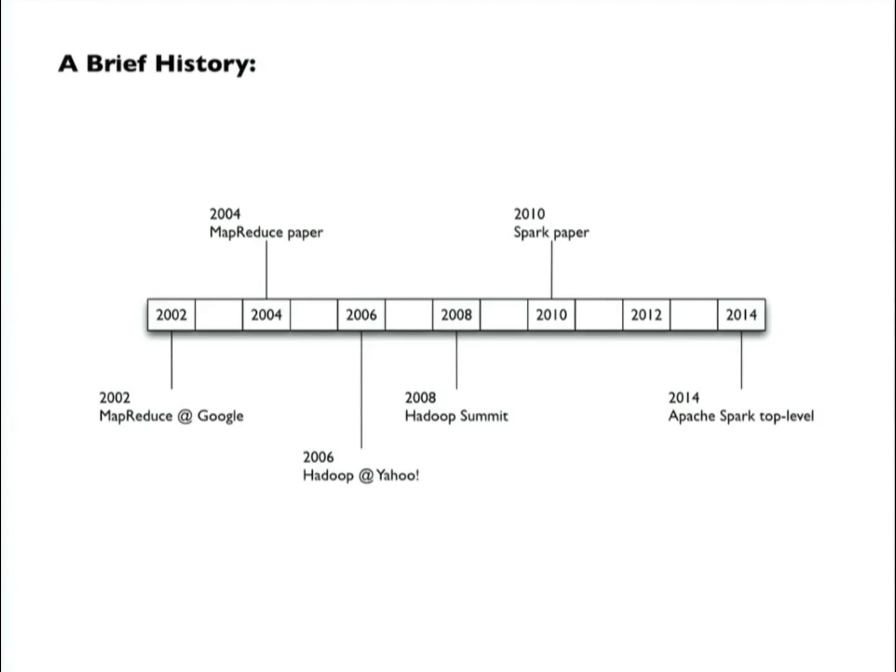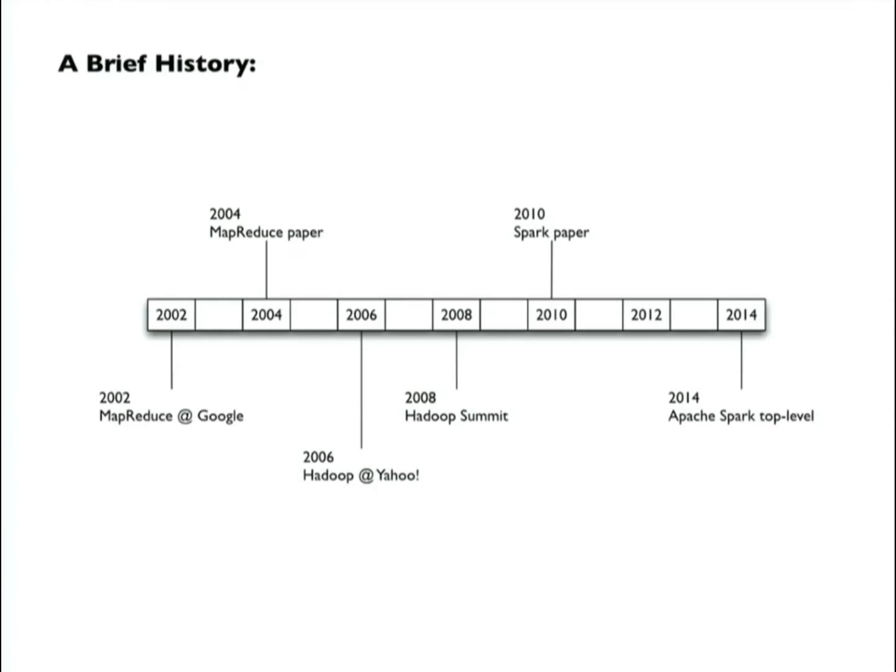Later it got adopted by Yahoo. By the time 2008 rolled around, it was the first Hadoop Summit, where there were a lot of other parties involved, other sponsors. Now, along this timeline, Spark comes in. It dates back to 2009, I believe from a skiing trip over one of the breaks, but one of the first papers was in 2010.